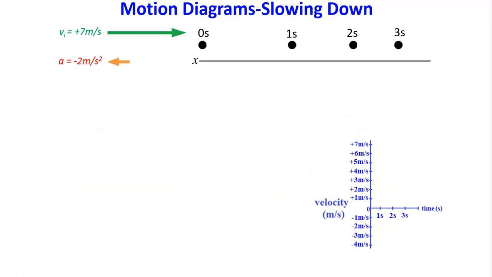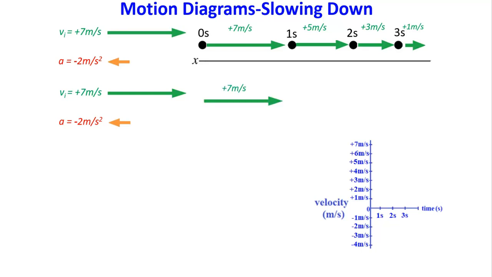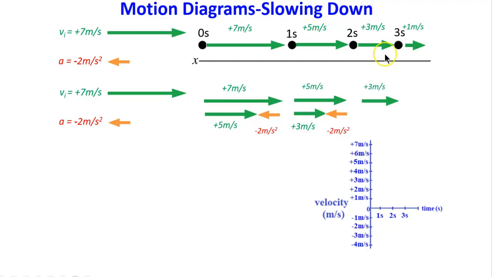Okay? What slowing down does, and we saw this last time, is it subtracts a velocity vector at every instant in time. So if you start out moving to the right at positive 7 meters per second, and you're being pushed to the left by negative 2 meters per second for every second, well, positive 7 minus 2 is equal to 5.